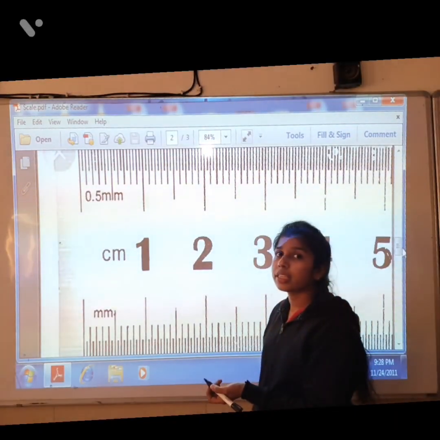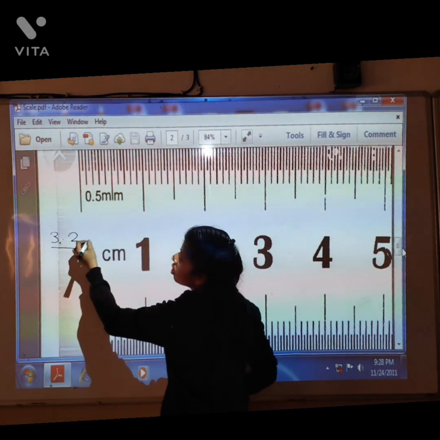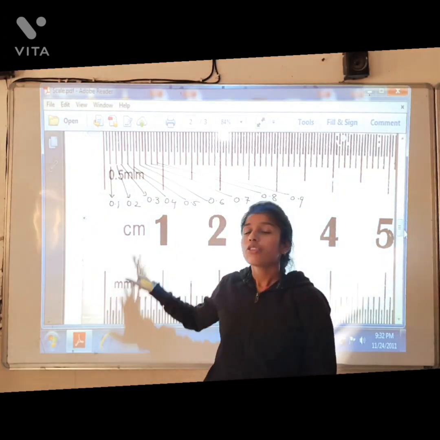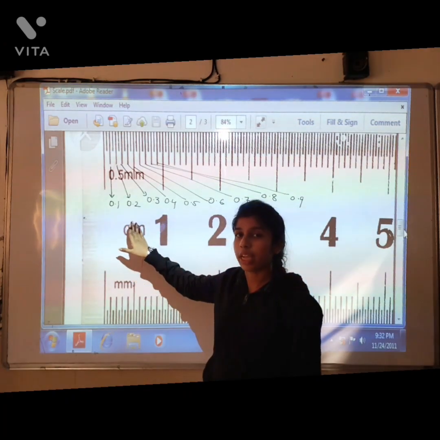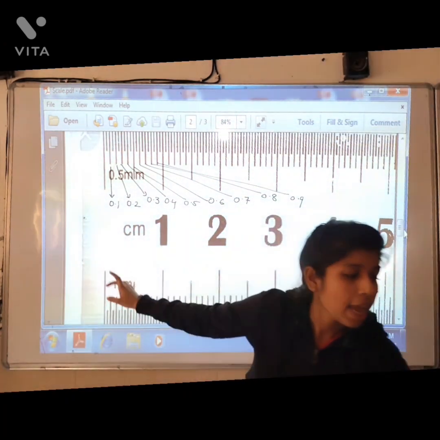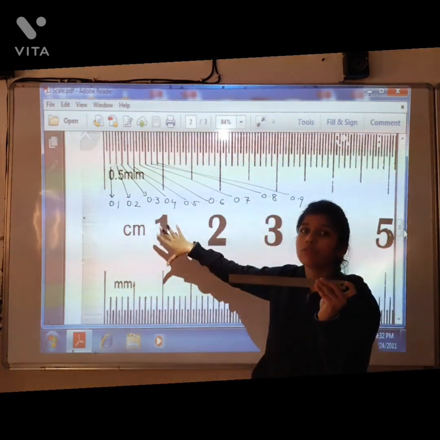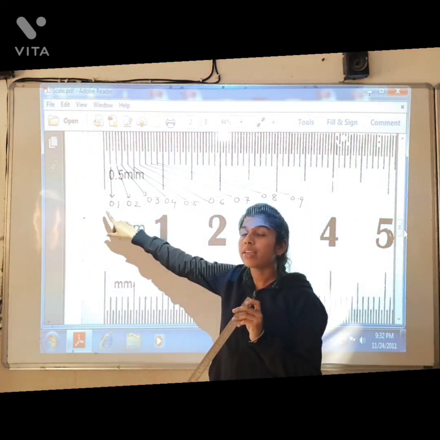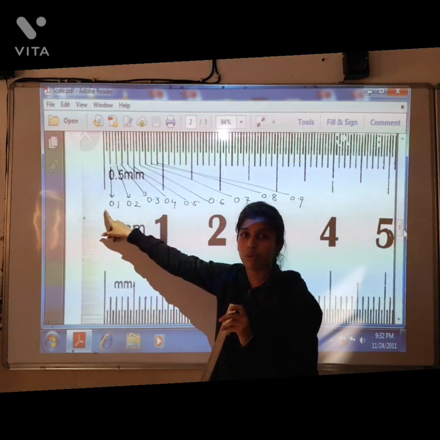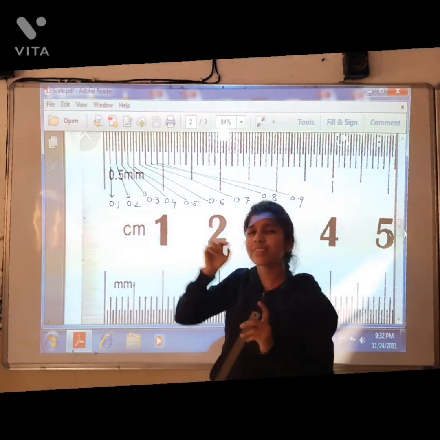Okay, decimal values. Like you take a decimal value like 3.2 centimeter. How? First of all, we know the major numbering on a scale. This is the zoomed part of this scale. You see your scale mark starts from 0, and in between 0 and 1 there are some small lines also.